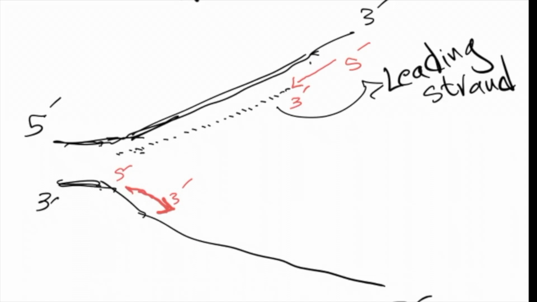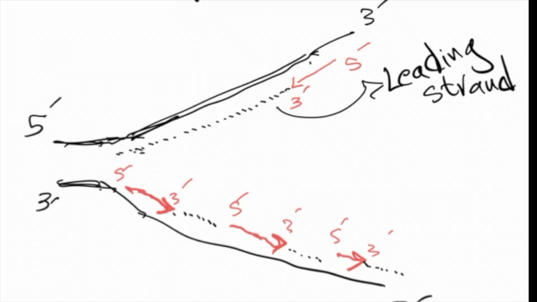What happens is that the other strand is going to be synthesized in pieces, in fragments. Let me show it to you using my arrow. So this new strand that is being synthesized in pieces, we call it the lagging strand.